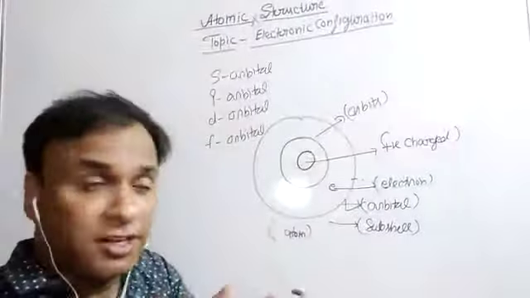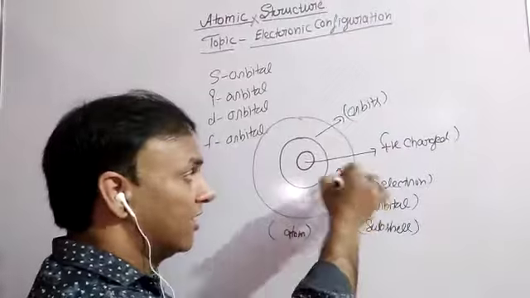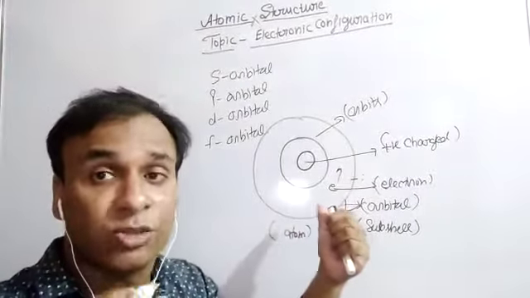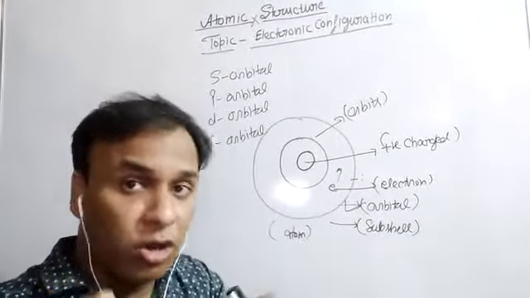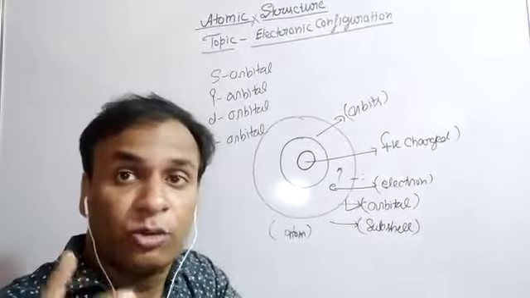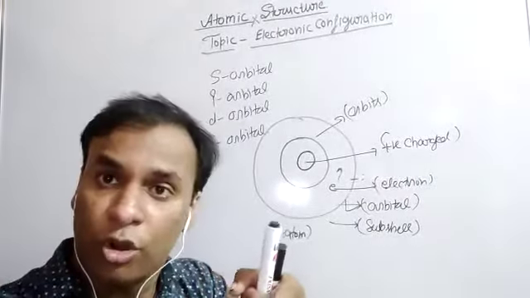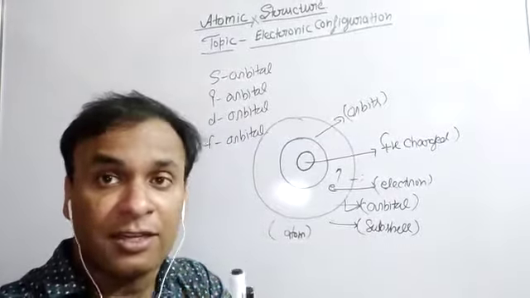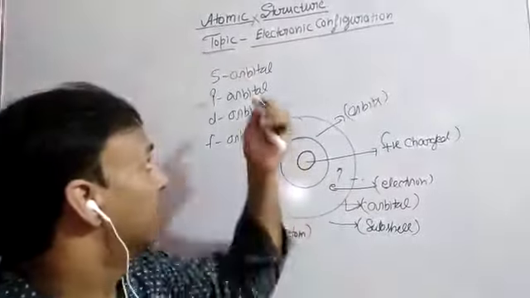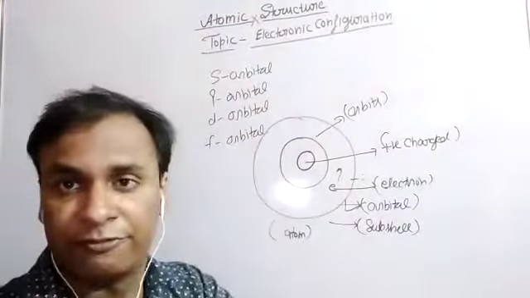Listen, we generally show the electron like this. This orientation is totally wrong because an orbital can only accommodate two electrons, clockwise and anti-clockwise. There are four types of orbital: s, p, d, and f.